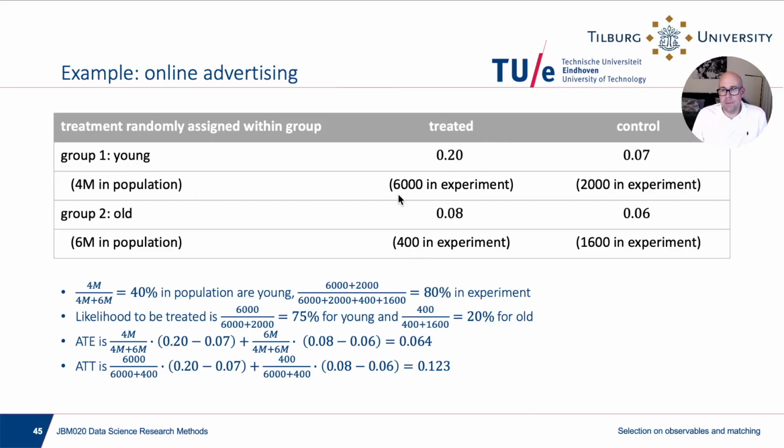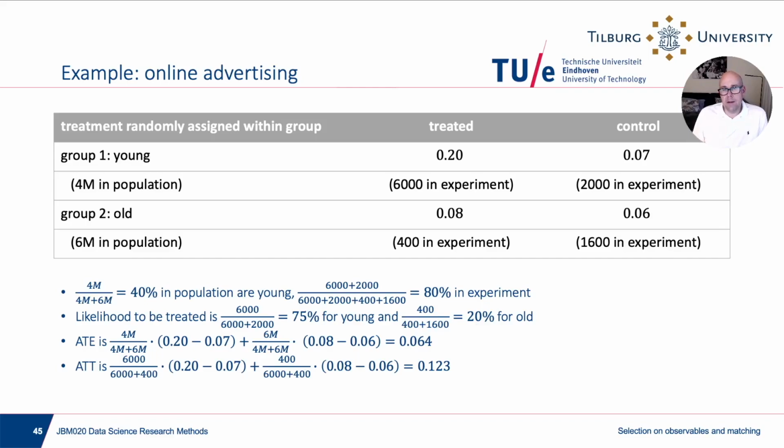Among the young, we have 6,000 who were treated, and the total number of young people would be 8,000. So it's 6,000 divided by 6,000 plus 2,000, which is 8,000, so it's 75%. For old people, it would be 400 divided by 400 plus 1,600, so that would be 20% is the likelihood to be treated.